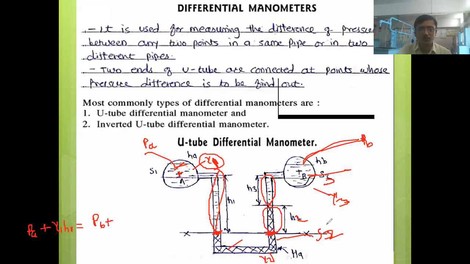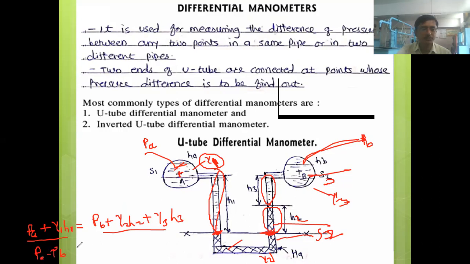So for liquid 2, we can write gamma 2 H2 plus gamma 3 H3. So these are the three pressure intensities acting above the datum in the right limb, and there are two pressure intensities acting in the left limb above the datum. We are interested in the pressure difference, that is PA minus PB.